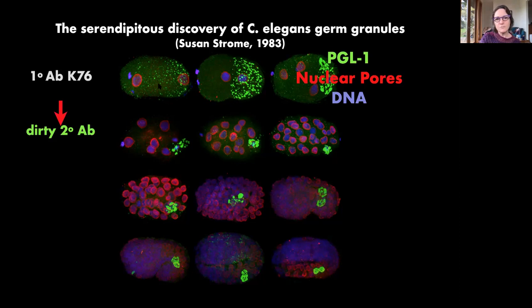It was assumed that this change from a more homogeneous distribution of P granules to this polarized concentration at the posterior end of the embryo was driven by some kind of motion that actually transported these granules through the embryo.